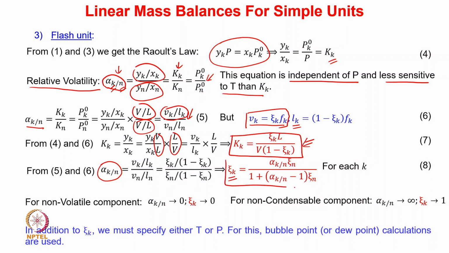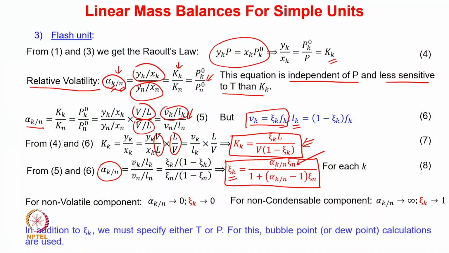Now this particular equation is very important primarily because this enables calculating the split fraction for the remaining k components if you know the split fraction for the key component. So if you know the split fraction for the key component, we can calculate the split fraction for any component which is present in the mixture, provided that we know the corresponding relative volatilities.